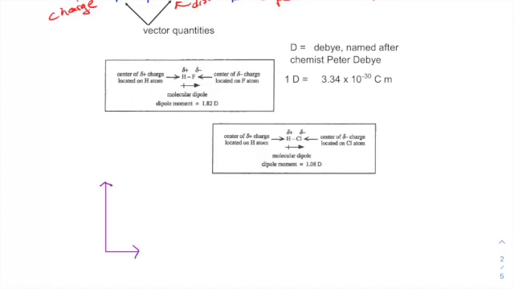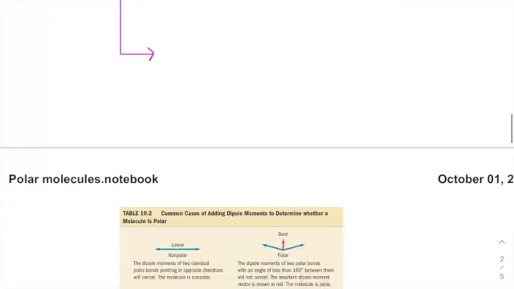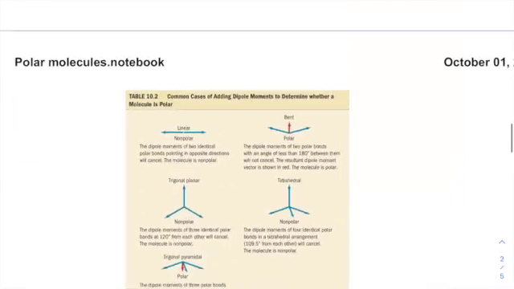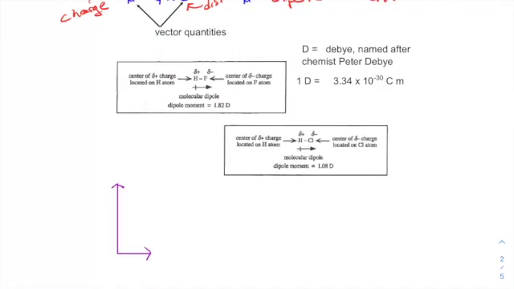I want to know what's the direction of the polarity. Well, to figure it out, I will finish the parallelogram. And if I finish the parallelogram and draw an arrow there, there is my net dipole.